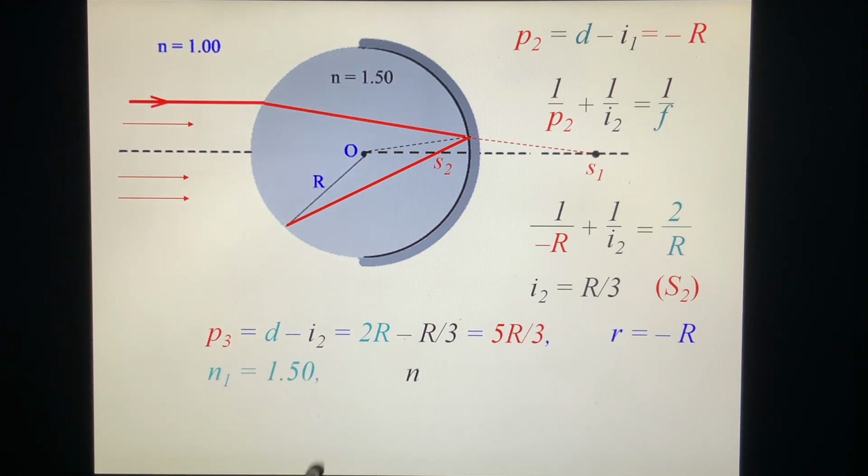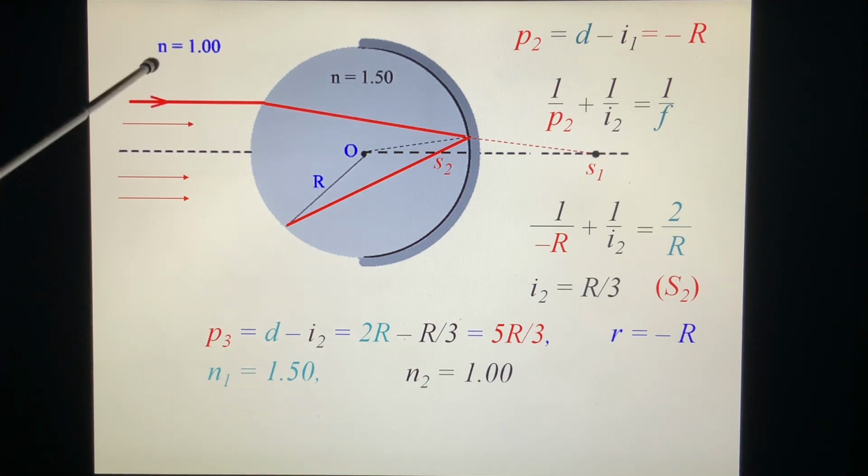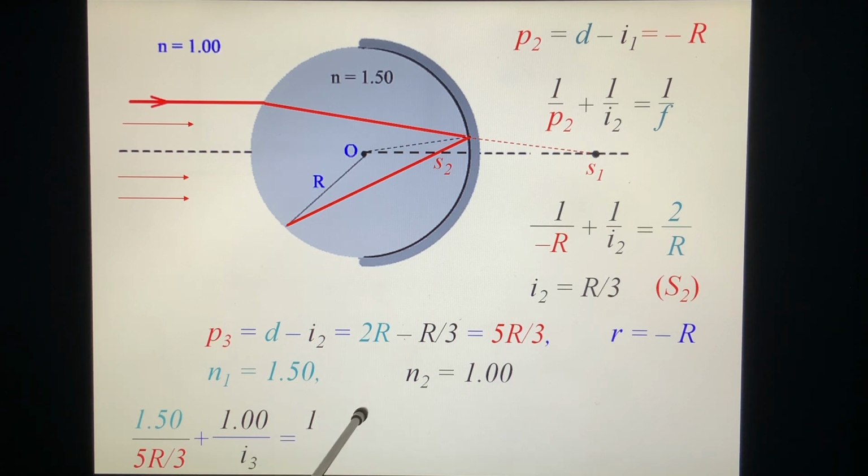N1 is 1.5, N2 is 1.0, and R is minus R. So we put in the equation N1 over P plus N2 over I equals N2 minus N1 over R, where R is minus big R. So we get I3 equals minus 2.5R.